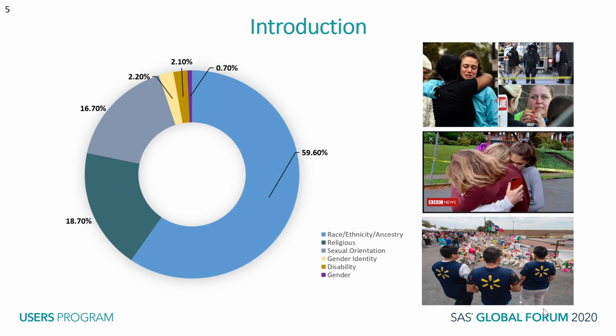This chart from US Department of Justice 2018 hate crime statistics shows that nearly 60% of all hate motivated crimes are motivated by a victim's race, ethnicity, or ancestry.